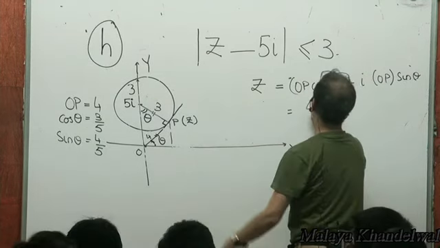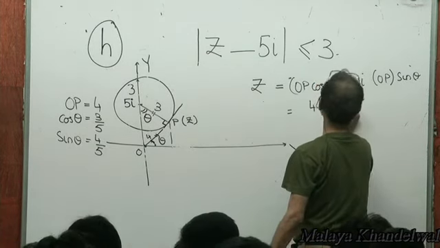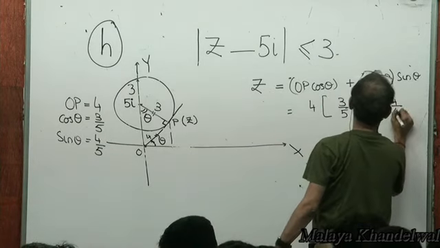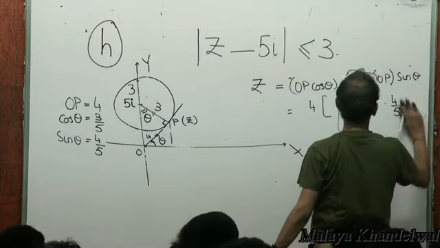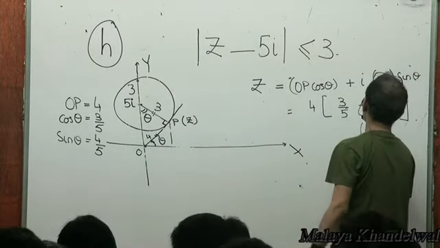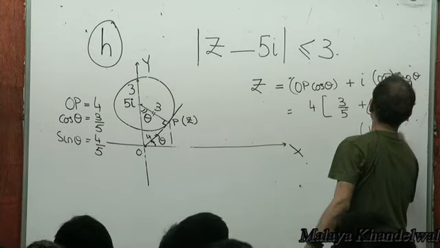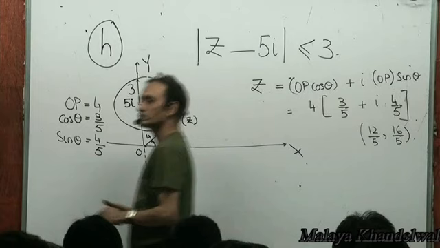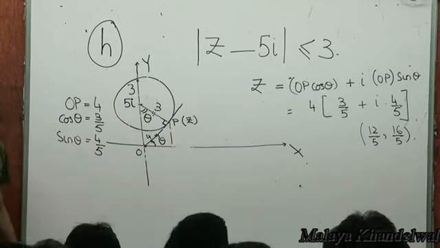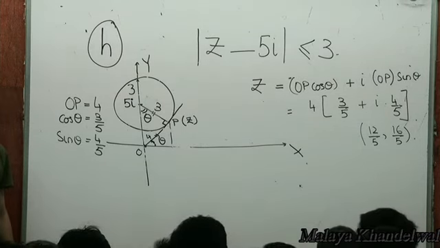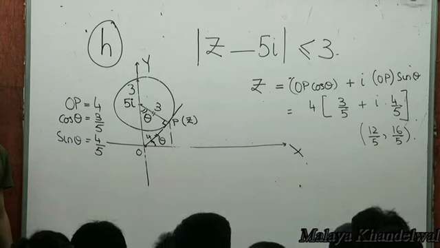OP of course is 4 into cos theta, which is 3 by 5, plus i into 4 by 5. This would be Z. Z would have coordinates 12 by 5 and 16 by 5. Yes or no? Make sense?